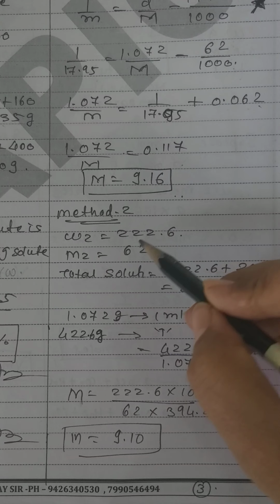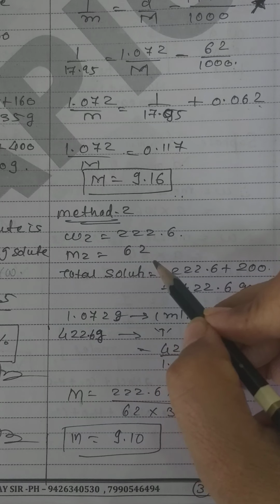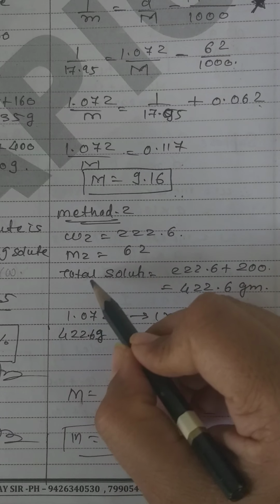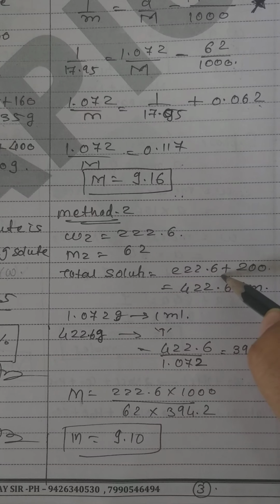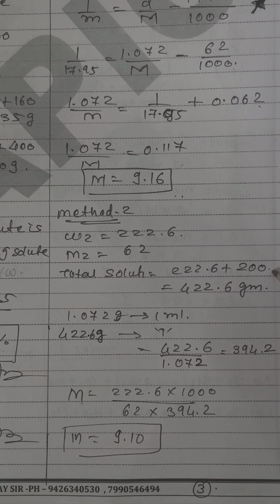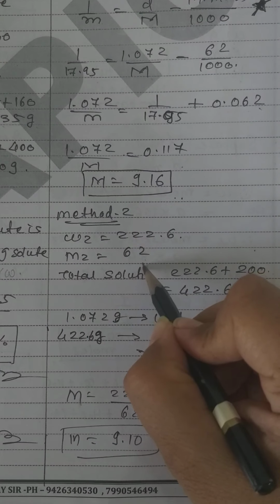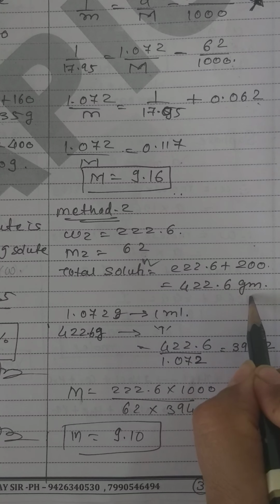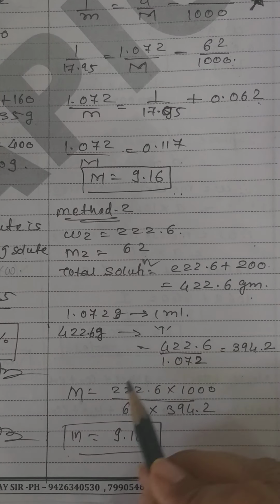Now we have another method also. Solute is 222.6 gram, M2 is 62, that is the molecular mass of the ethylene glycol. Total solution is 222.6 plus 200 gram of water. So total solution is 422.6 gram. We want to find the molarity according to our formula. What is the formula?